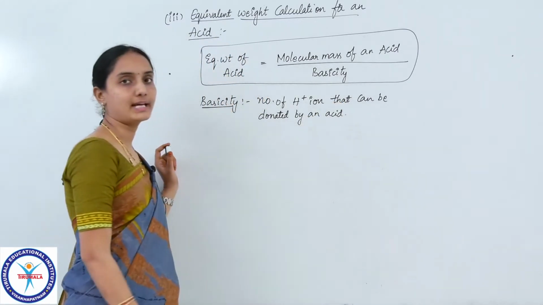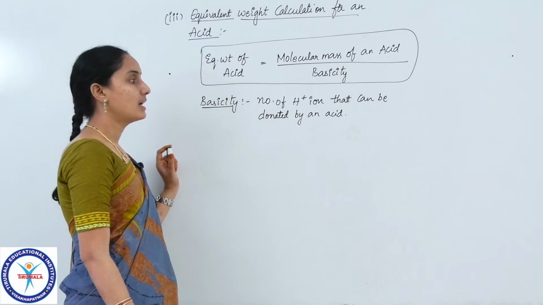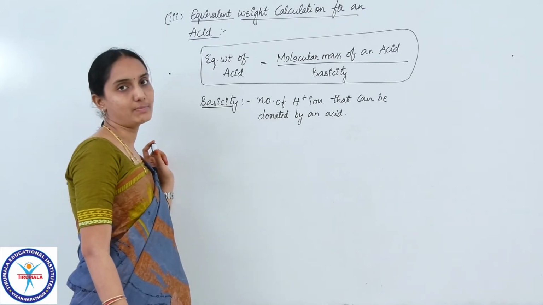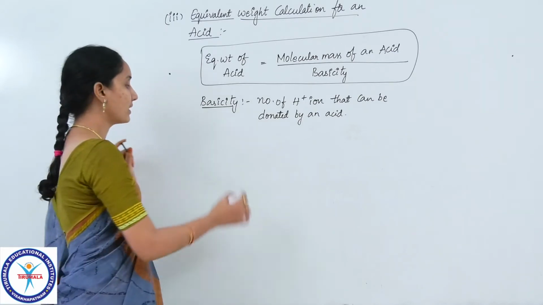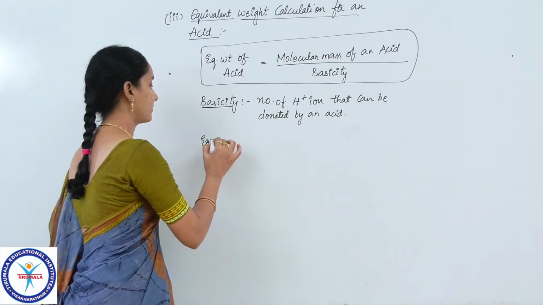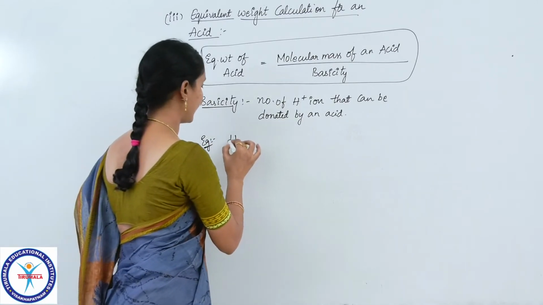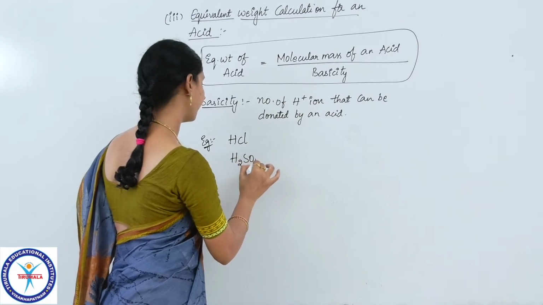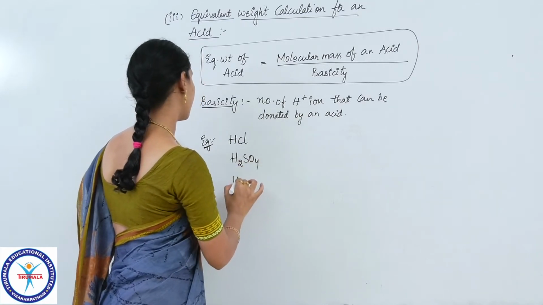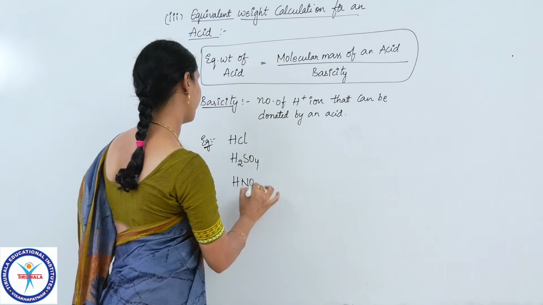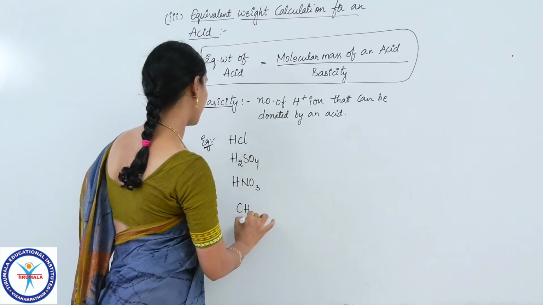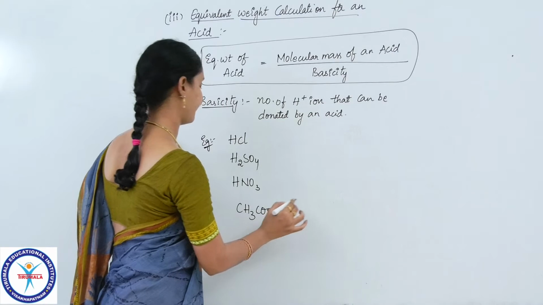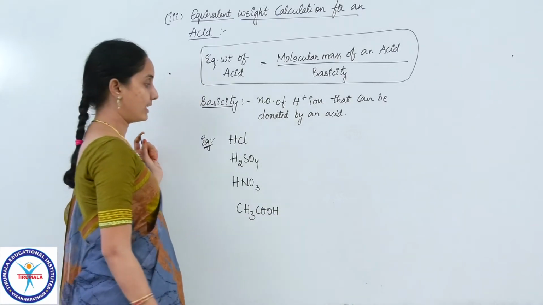So that should be taken as its basicity, and you divide the molar mass of that particular acid by its basicity. For example, we have many acids like HCl, H2SO4, HNO3, CH3COOH. In this manner we have many acids.